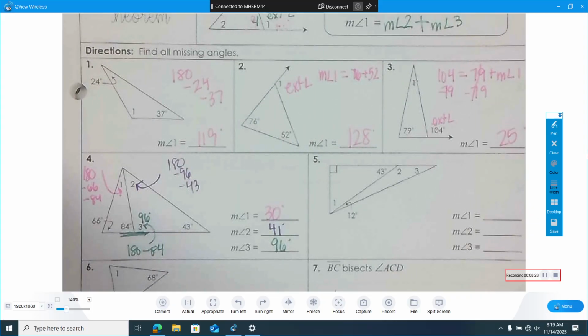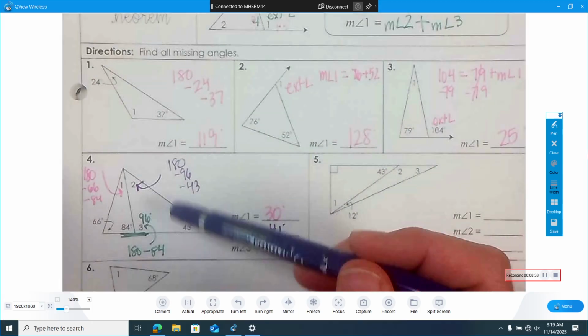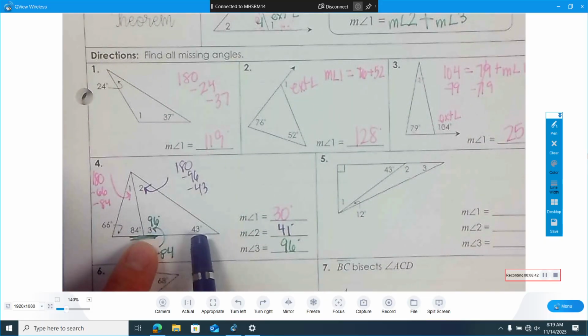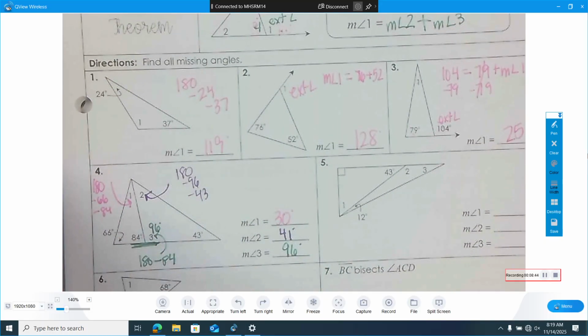It's so fun. After I do it, I plug it in by doing 96 plus 43 plus 41 to see if it equals 180. That's a great double check, absolutely. So if I have my angle 2 plus angle 3 plus the 43, it should equal 180. Good double check. All right, how are you doing with this? Are you pretty okay with this?